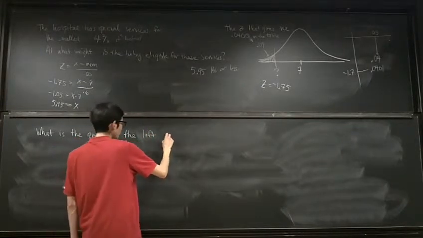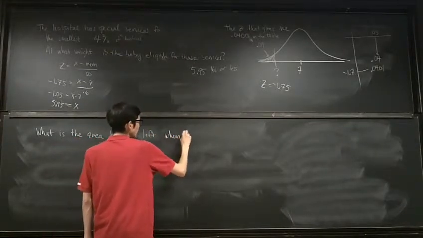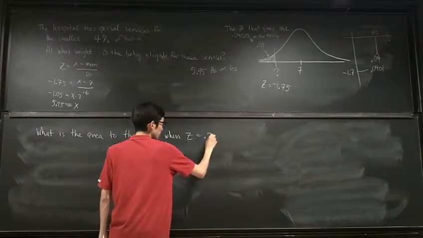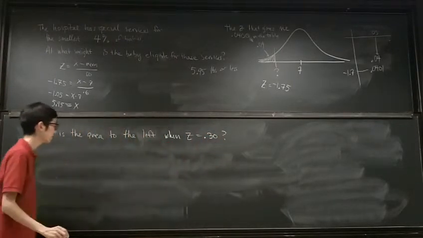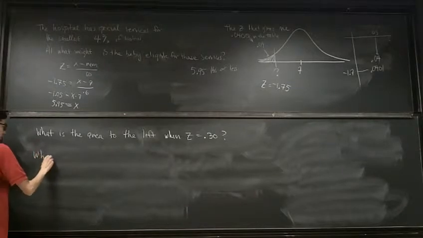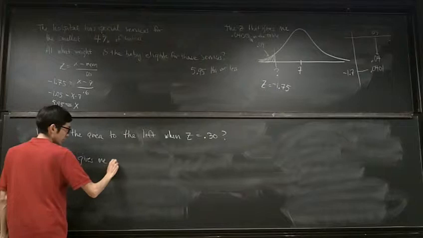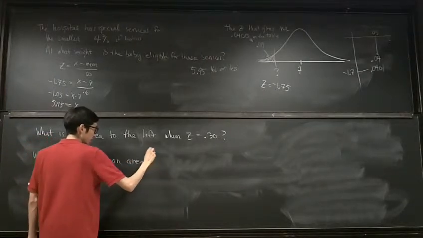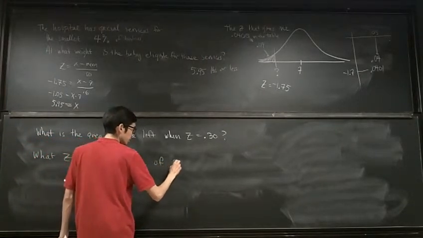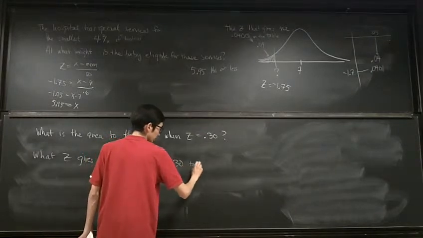What is the area to the left when z equals 0.30? And what z gives me an area of 0.30 to the left?